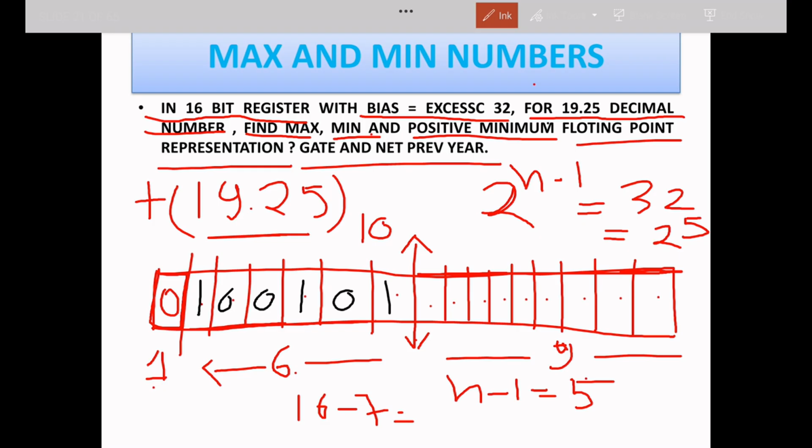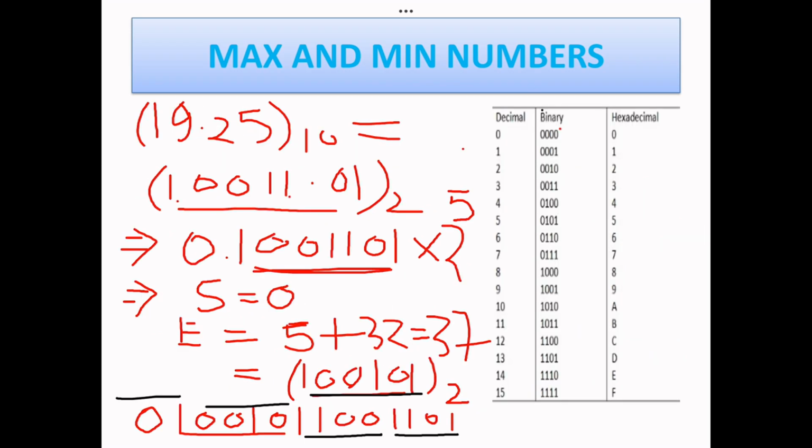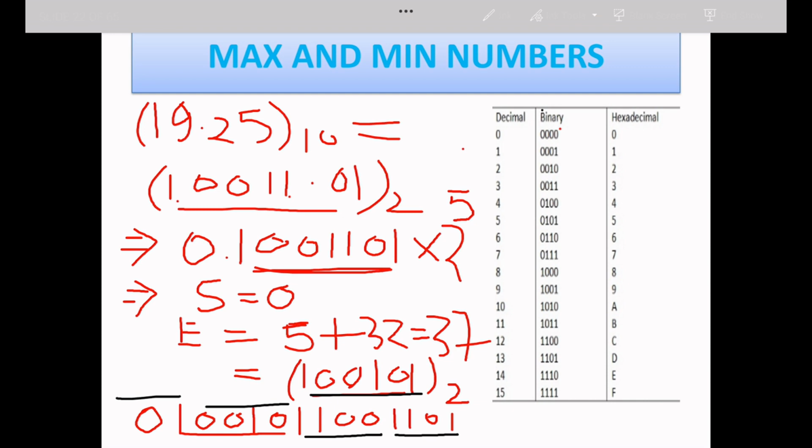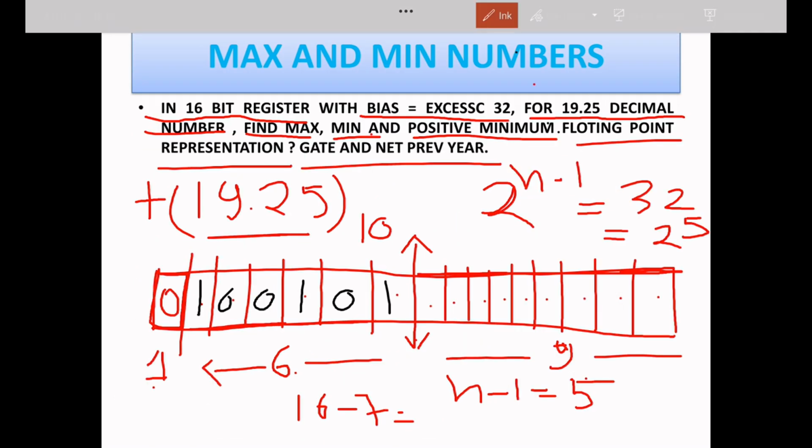Next, already we explained how to solve the problem. Now my mantissa is 1 0 0 1 1 0 1, 1 0 0 1 1 0 1.